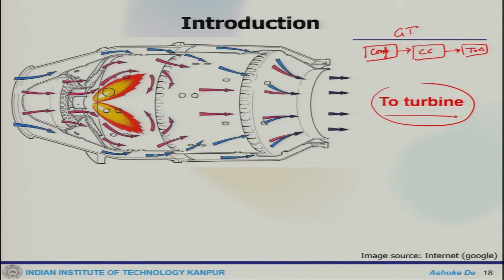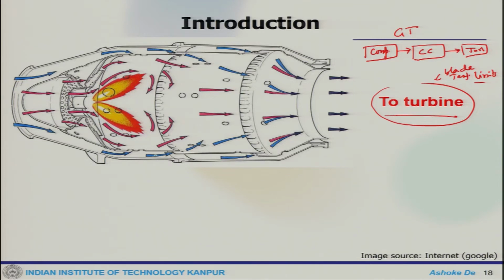At the same time, this hot product is going to the turbine, and the turbine blade has a certain limit. The blade temperature limits the design, because the blade has a particular material and the material has a certain limit to withstand the temperature.